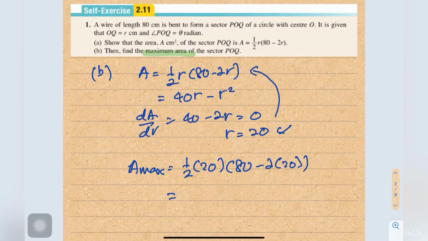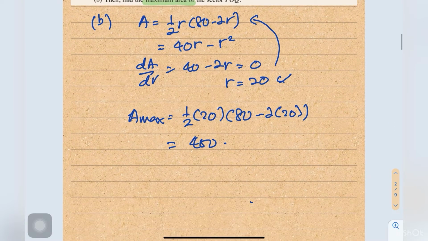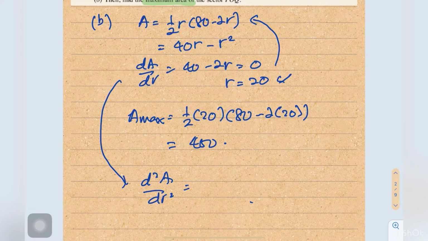This one is 80 minus 40. We get 400. We can test whether this is the maximum area. We differentiate another time. We get d squared A over dR squared is -2. -2 is less than 0, so maximum. So it is proven that the area is maximum.